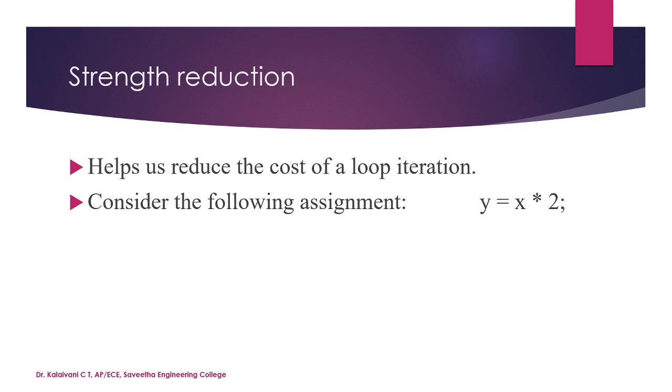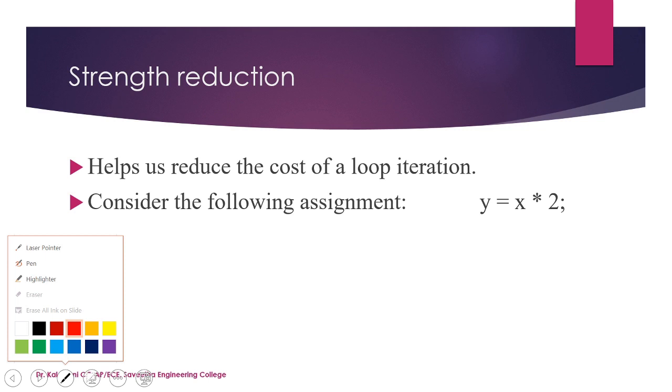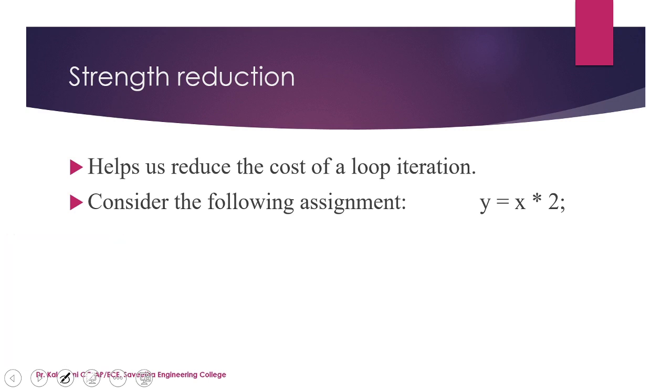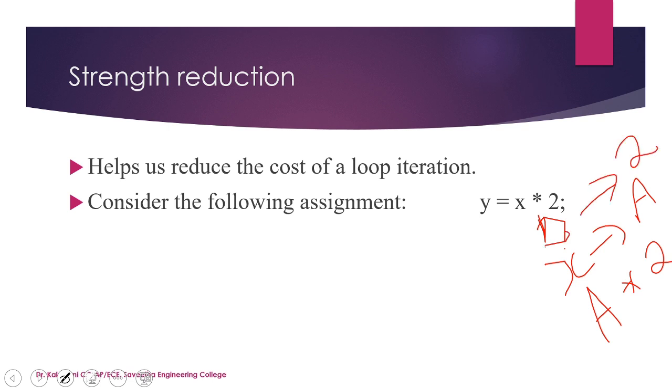When you do the operation y is equal to x into 2, we have to save x in the accumulator. After that, the accumulator has to be multiplied with 2. The B register has to be saved with the 2. After that multiplication, we have to transfer from the accumulator to y. Almost we have to do a minimum of 4 machine cycles.